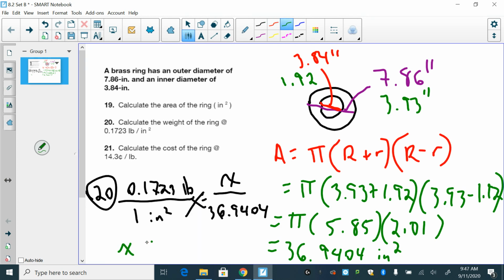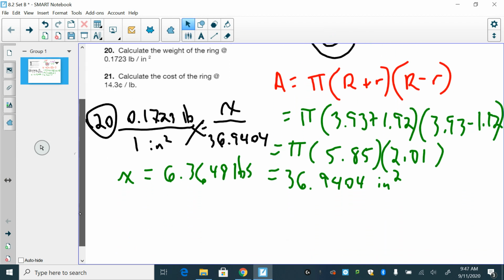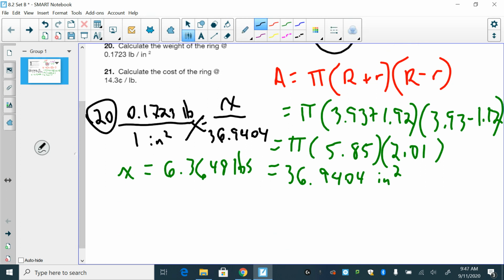So x equals 36.9404 times 0.1723 equals 6.3648 pounds. I went to 4 decimal places because I can see 21 talks about the cost in pounds, so just for accuracy, I went to 4 decimal places.